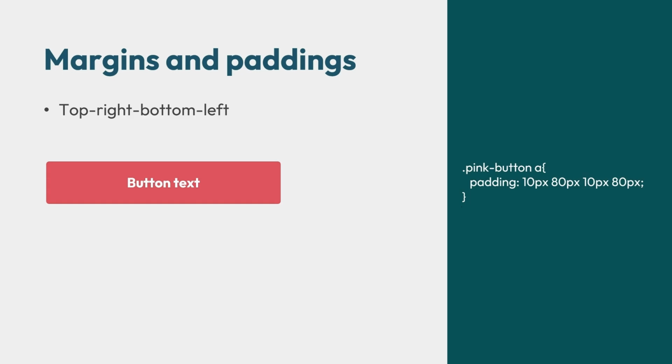And if I call my padding and I use 4 values, the first value determines the top padding or the spacing on the top of my text. Again, remember that we are using padding values, which means that we are determining the spacing within our element. So inside, not outside of the borders. So the first value determines the top padding, the second value determines the right padding, third one is the bottom, and the 4th one is the left.